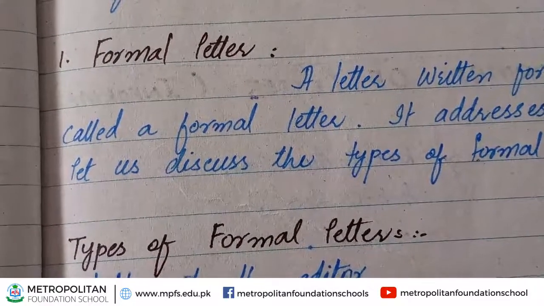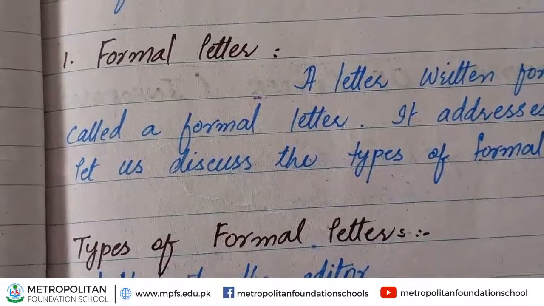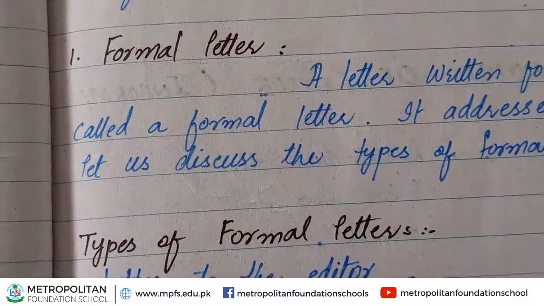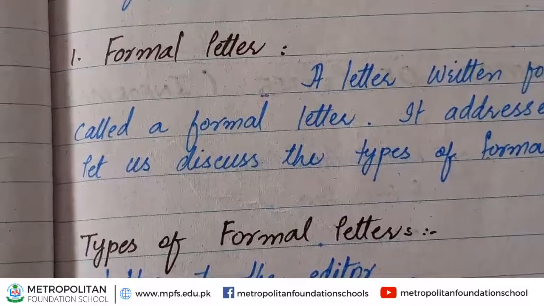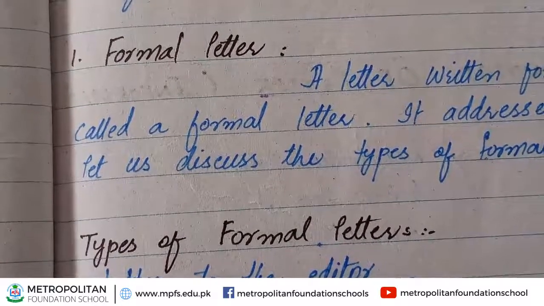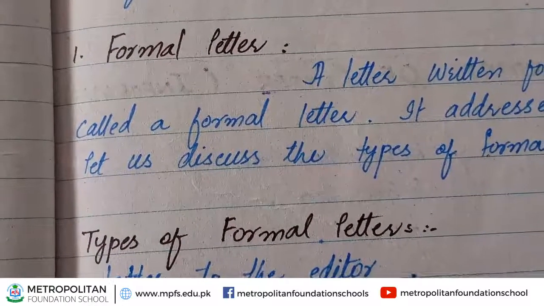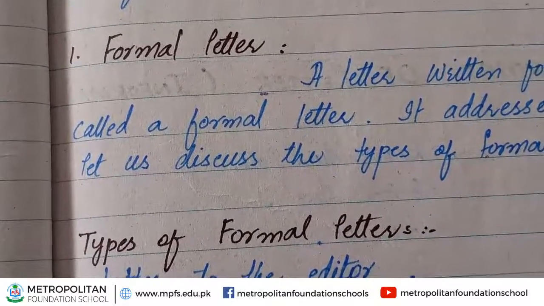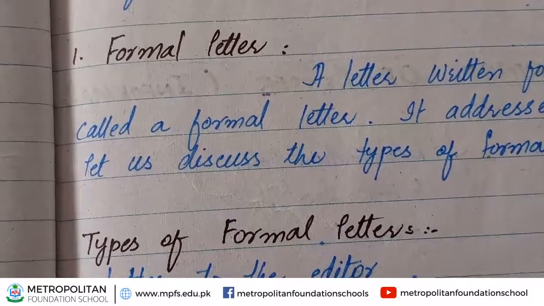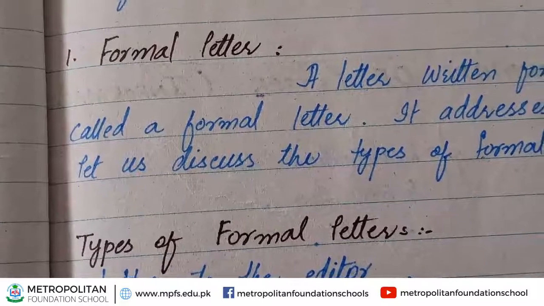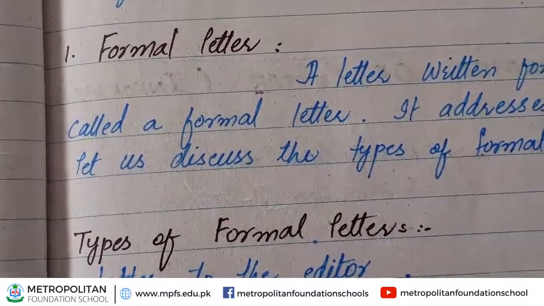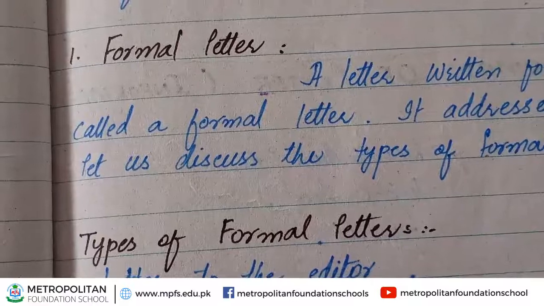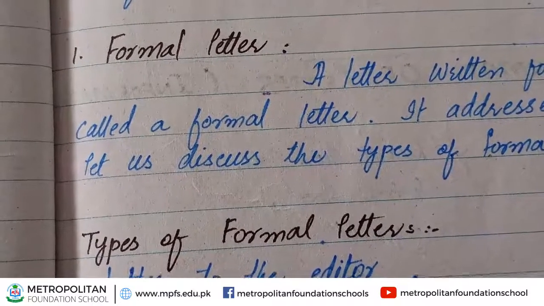Always begin the complementary clause with a capital letter. Don't forget to use a capital letter, and don't use a small letter. The word yours does not have an apostrophe.